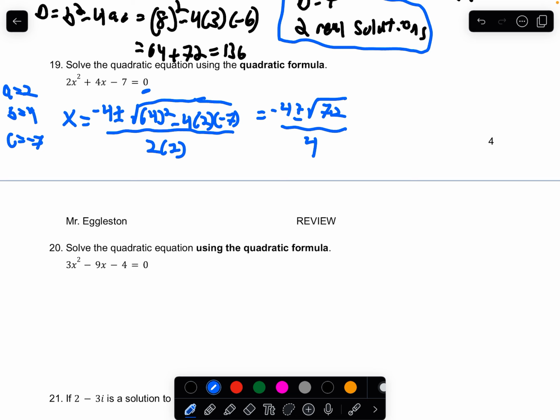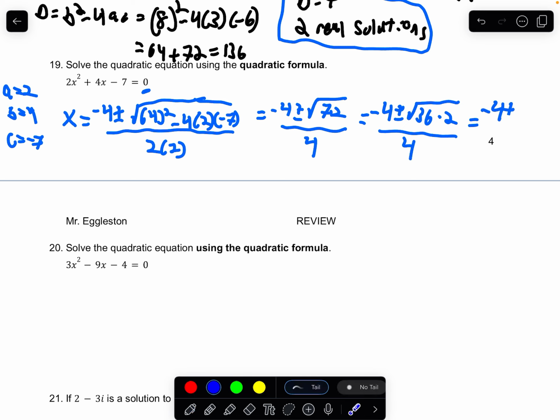Now 72 over 4 square rooted. Let's see, 72 is 36 times 2. You could simplify this. I think I'll give you extra credit if you can. 36 times 2 over 4, which is negative 4 plus, now the square root of 36, which is 6, times the square root of 2, all over 4.